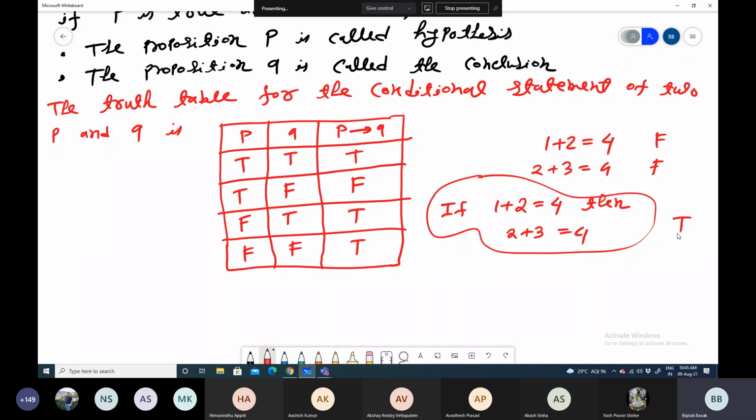Because what is given is already false. So whatever the conclusion, your hypothesis is false, so the whole statement if P then Q is always true. That follows from the definition actually. Or if you feel that this should not be the case, then you can assume it as a convention. So if the hypothesis is false, then whatever the conclusion is, P implies Q is always true.